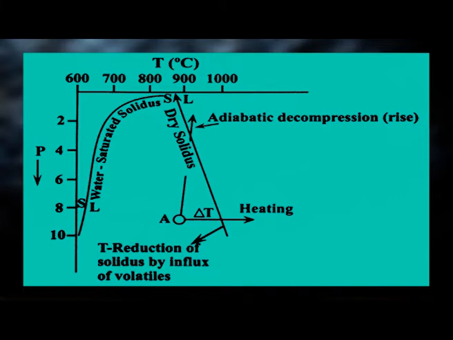This is familiarly called decompression melting, exemplified by basaltic eruption at the mid-oceanic ridges, when the point A moves adiabatically, thermally insulated from its surroundings like a plume. Melting also takes place when influx of volatiles, mainly H2O, occurs during metamorphism.